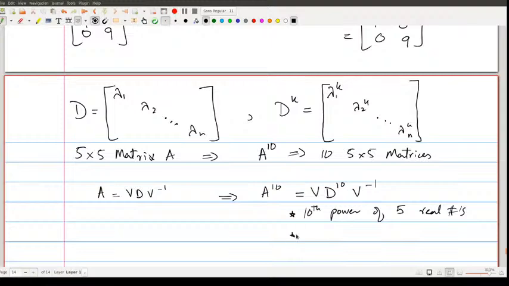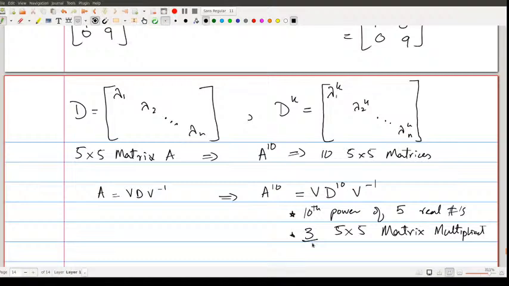And what about these 3? Well, then you have to just do 3 5 by 5 matrix multiplications if you want to do that. You could leave it in this form, or you can just multiply them all together and take that as A to the 10 if you really want the whole matrix to be constructed, right? So this is simplified from 10 5 by 5 matrix multiplications.